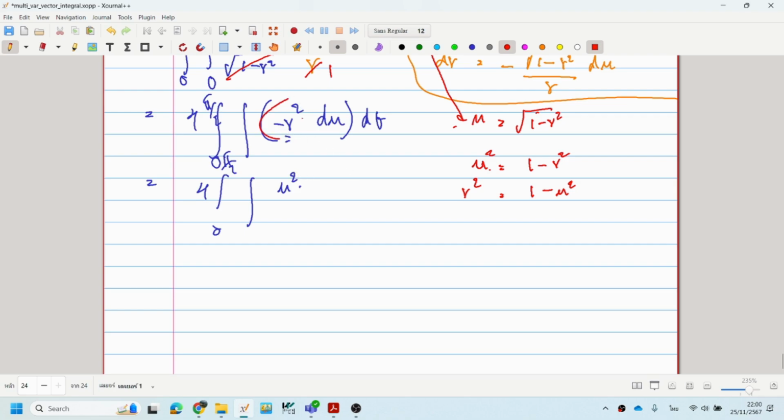And this one, minus r, plus r, becomes minus r squared and u minus 1. Come back to this u minus 1 du d theta.